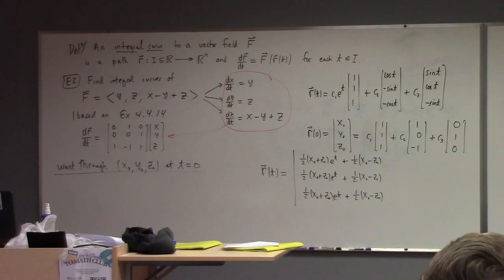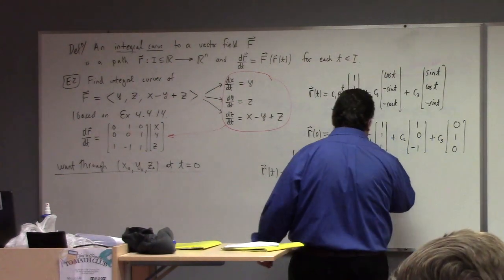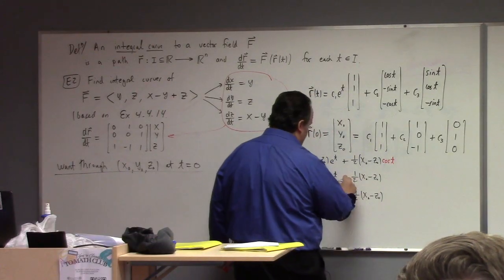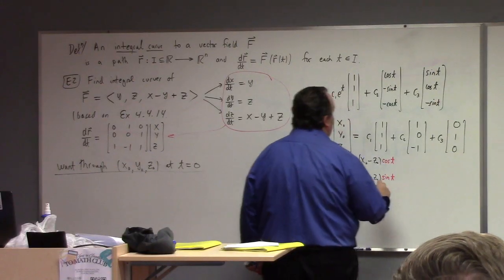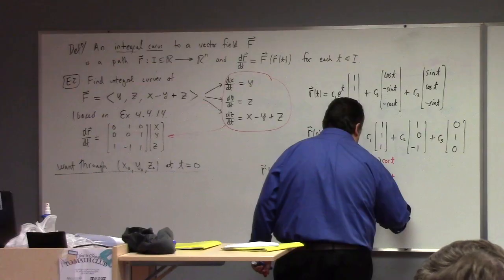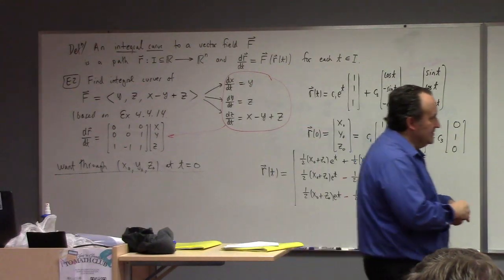So the top one's got a cosine t. I'm going to throw the minus over here, so minus, there's a sine t. And then throw that minus over here, minus cosine t. And then the unpleasant one.